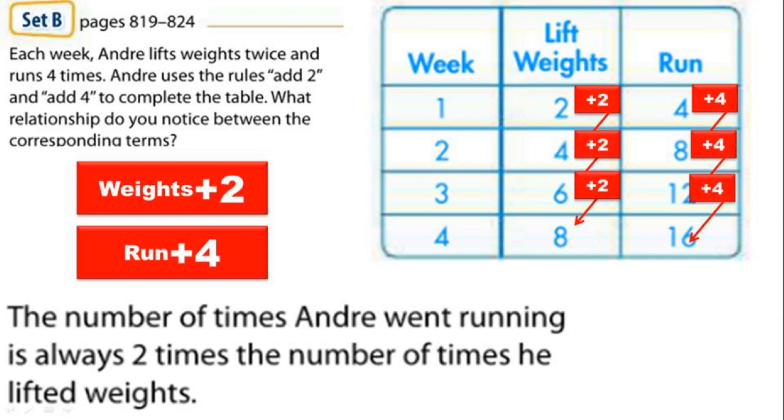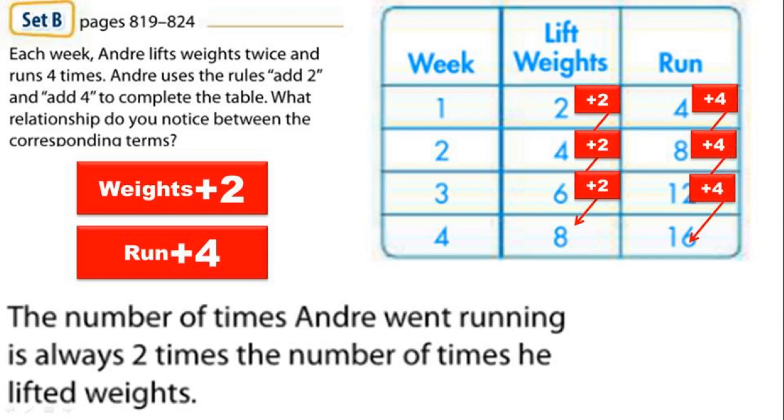So here, I noticed that the number of times Andre went running is always 2 times the number of times he lifted weights. From where did you get that? From the statement, from the table. He told me here two times. Two times, it means, yes, that the run is more than the weights.